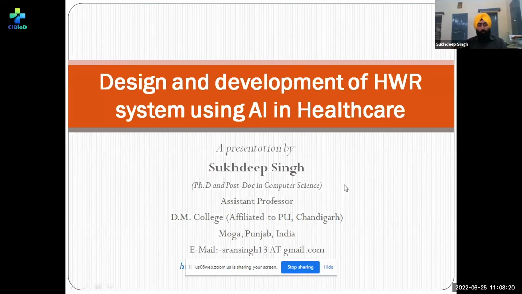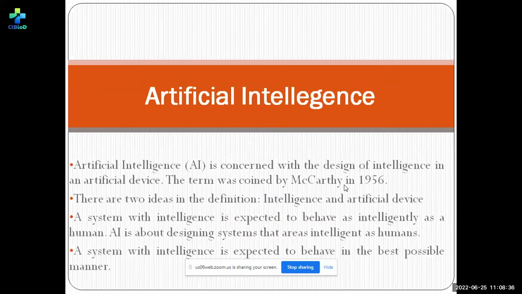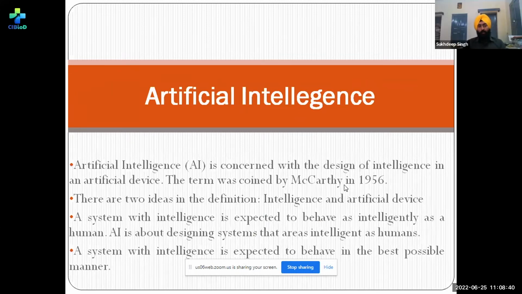So the topic of today's discussion is design and development of HWR system using AI in healthcare. Here HWR means handwriting recognition and AI means artificial intelligence. AI has become a buzzword these days. As far as AI is concerned, it is about designing an intelligent system with artificial intelligence.